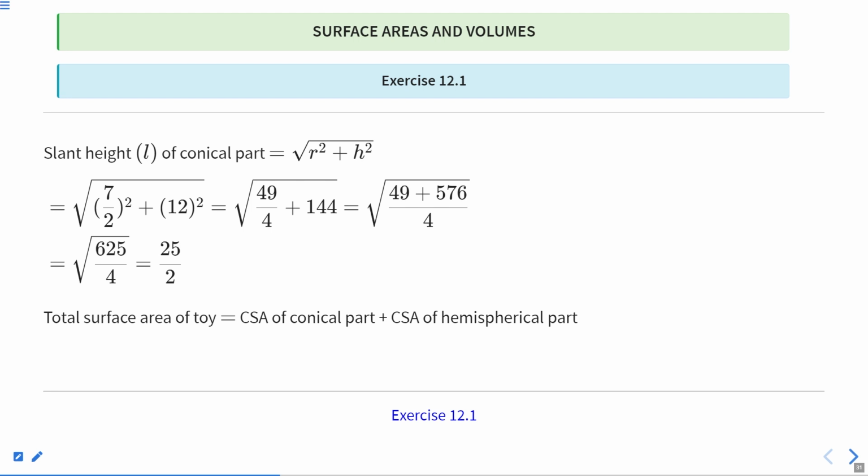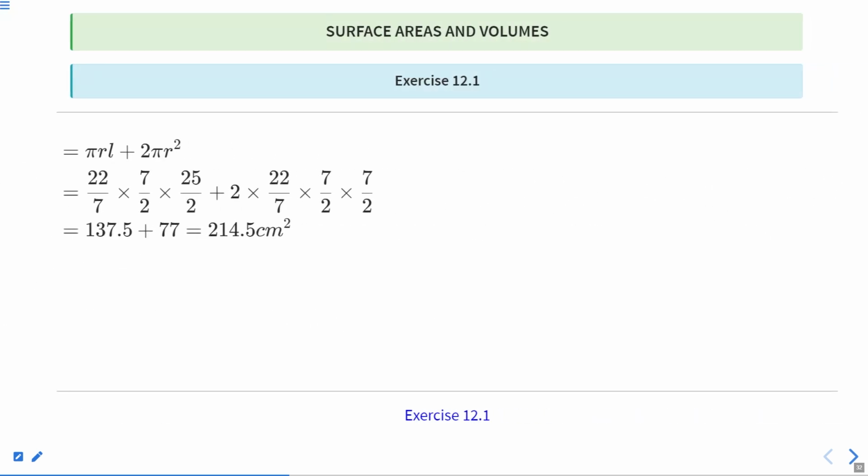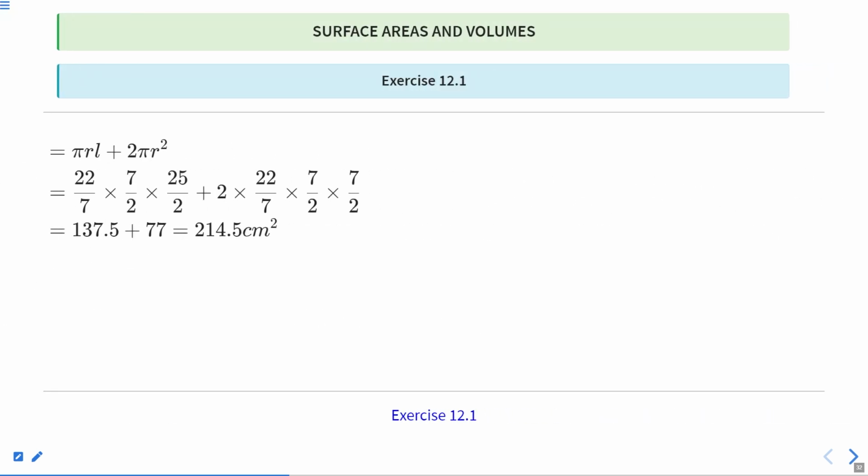Now the total surface area of the toy is equal to the curved surface area of the conical part plus the curved surface area of the hemispherical part. The curved surface area of the conical part is pi r L, where r is the radius of the conical part and L is its slant height. The curved surface area of the hemispherical part is 2 pi r square, where r is the radius of the hemispherical part.